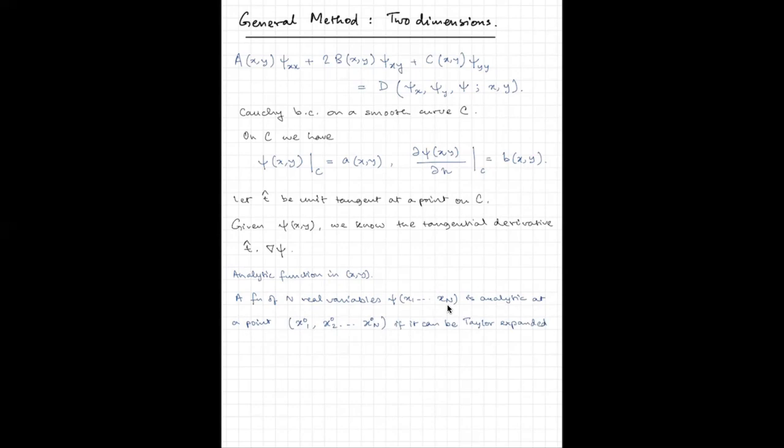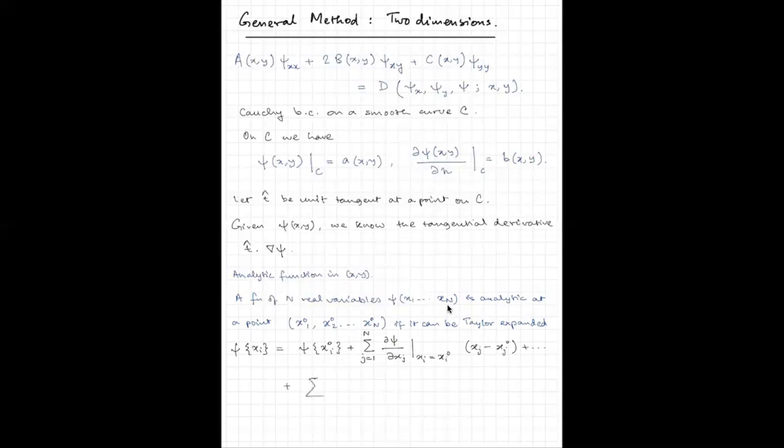That would essentially mean that psi of xi is psi of x naught i, plus summation over j equal to 1 to n of del psi del xj, evaluated at xi equal to xi naught, times xj minus xj naught, plus dot dot dot, and the nth term is going to be the following. Let's just write it down.